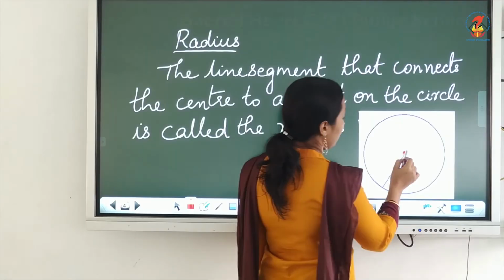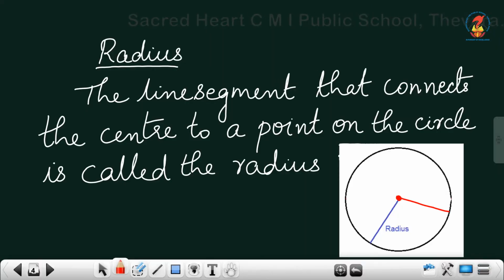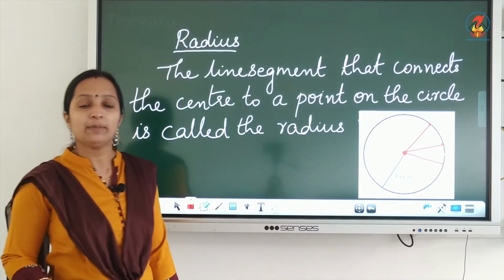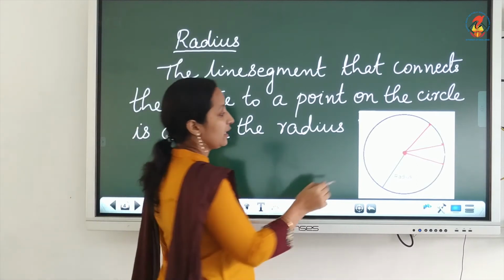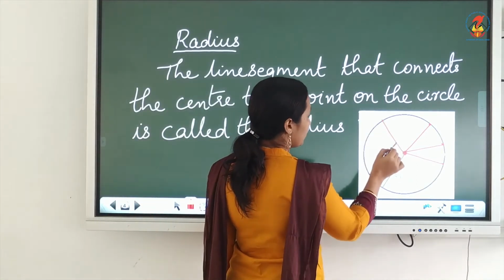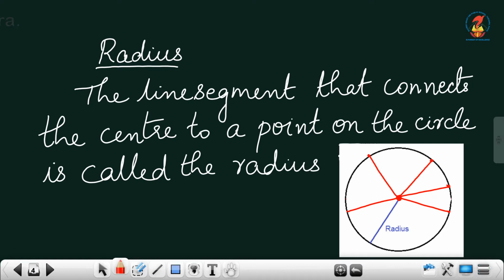From here to here, this is the radius. So this is the radius, this is the radius, okay? These are the radius of the circles.